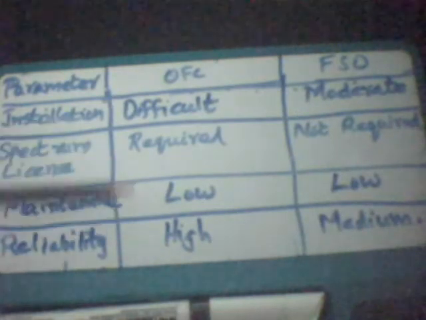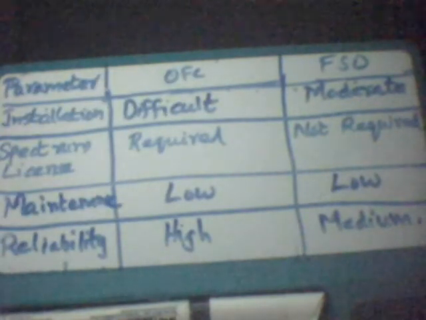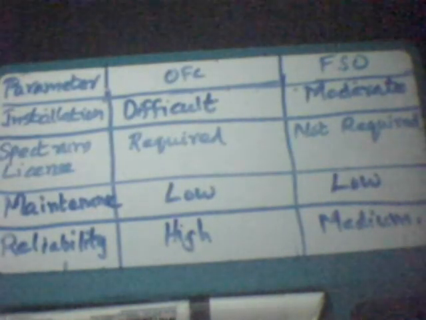The maintenance requirements are low for optical fiber communications because the cables are laid underground. For free space optics also the maintenance requirements are low. The reliability will be high for optical fiber communications, whereas it will be medium for free space optics.